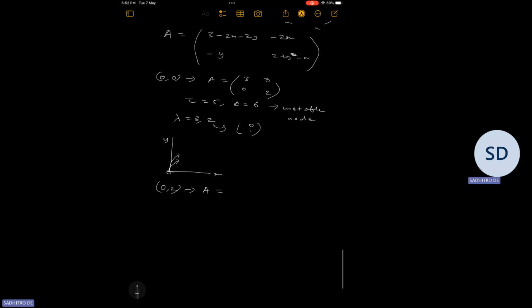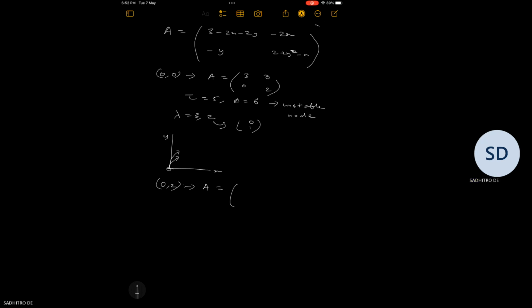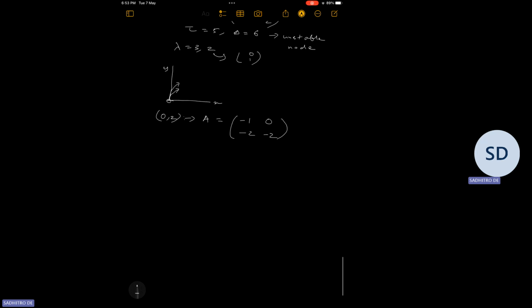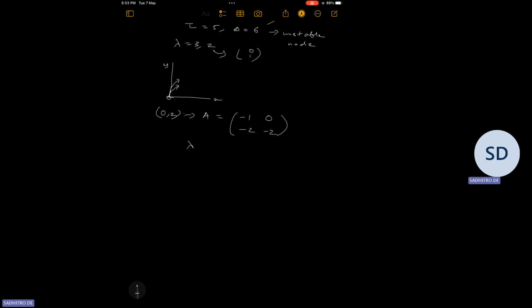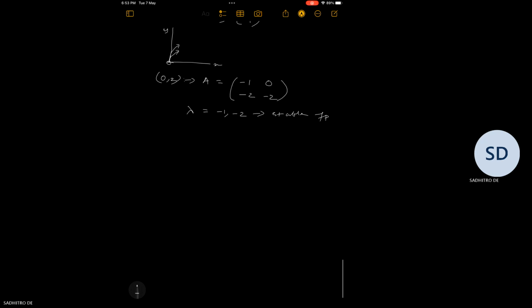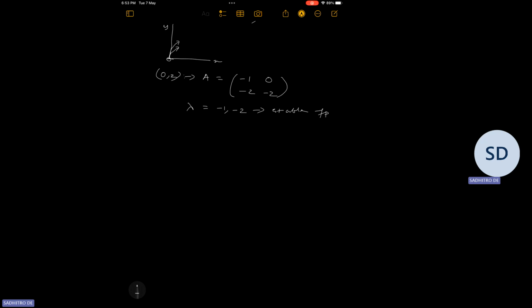the matrix A is given by [-1, 0; -2, -2]. For this again, the eigenvalues lambda are equal to minus 1 and minus 2, which shows that this is a stable fixed point. And the slower eigendirection corresponds to lambda equal to minus 1.